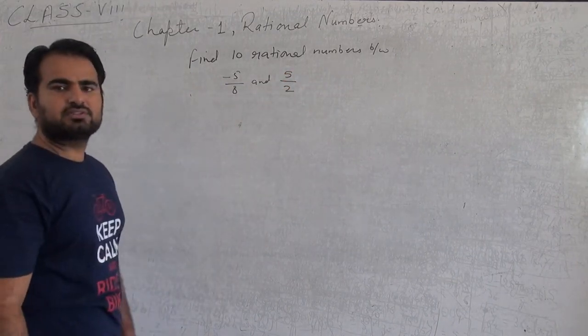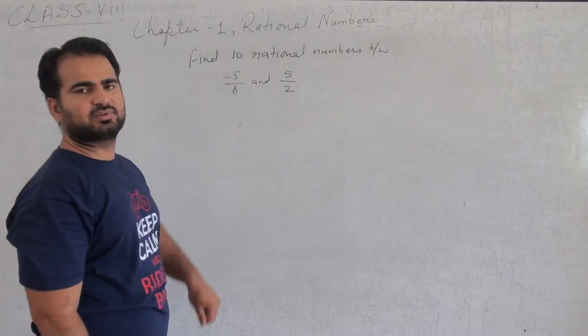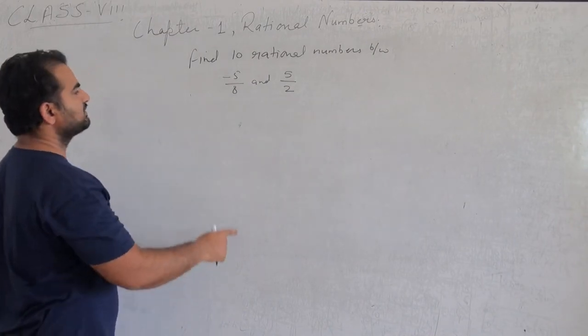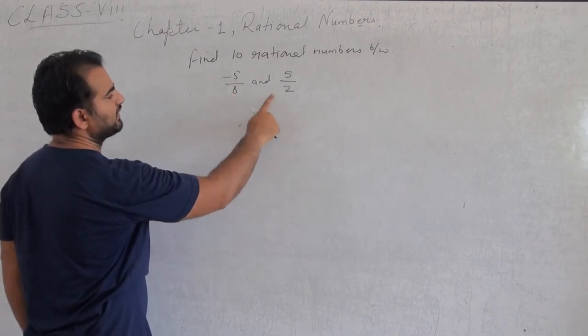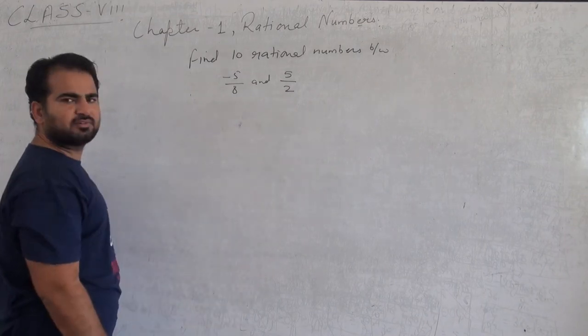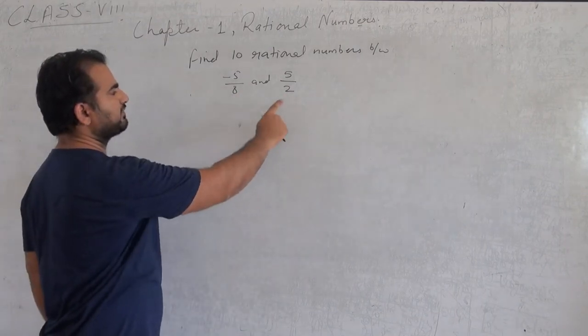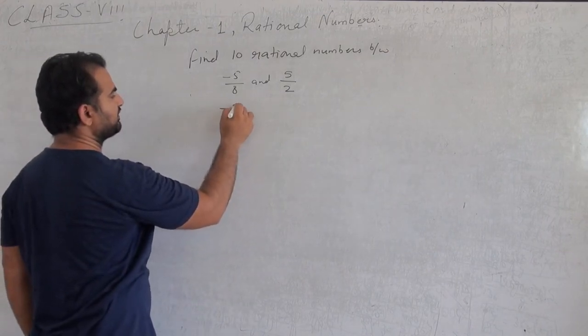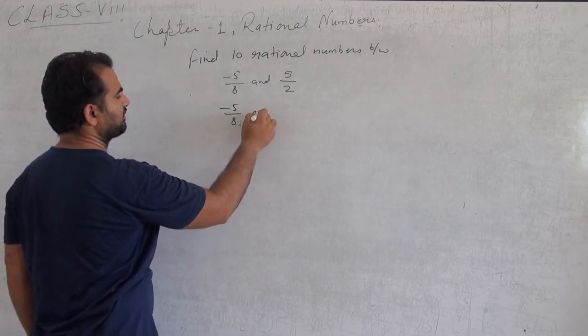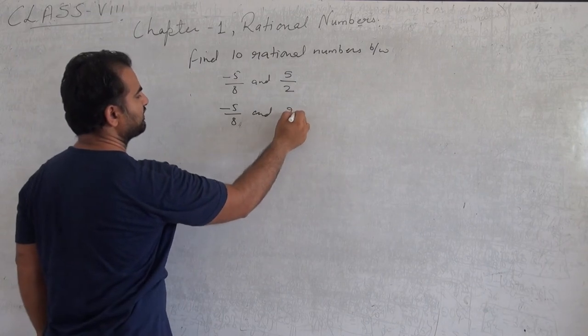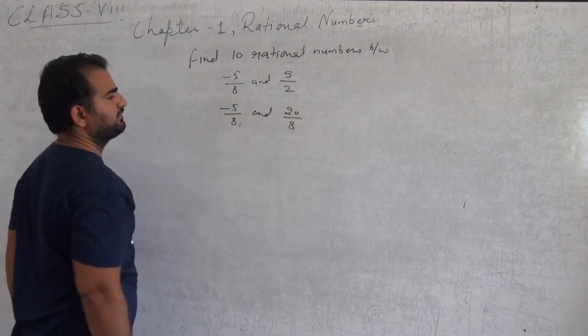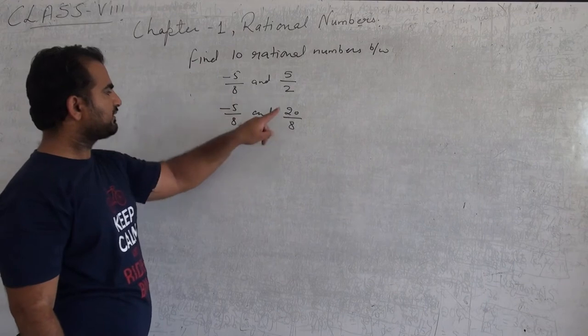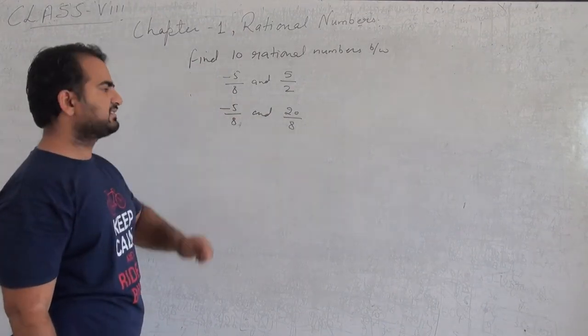So what we have to do is find 10 rational numbers. Just take the LCM, first find the LCM of these, 8 and 2, and change it accordingly. So it will be minus 5 by 8 and it will be 20 by 8. I have just changed it by finding the LCM.